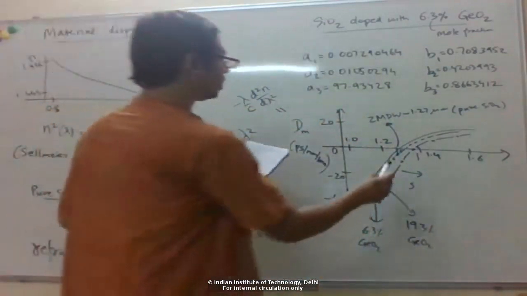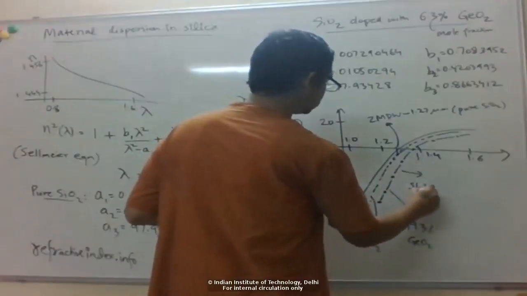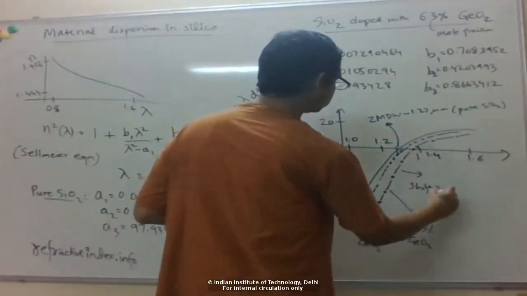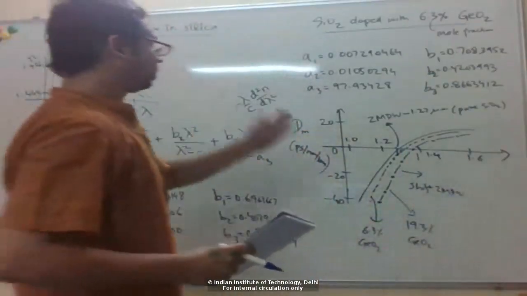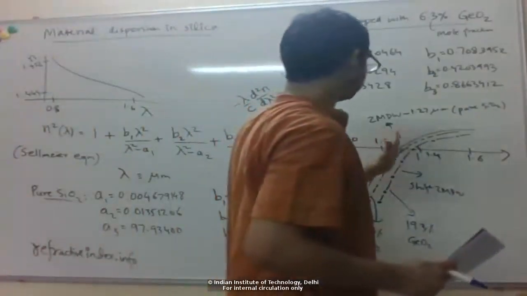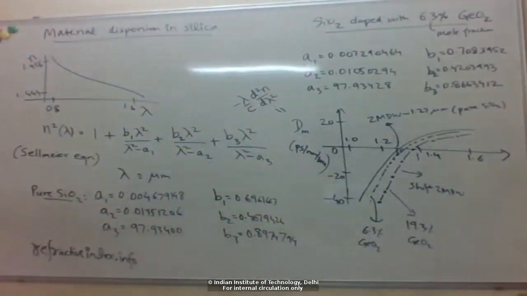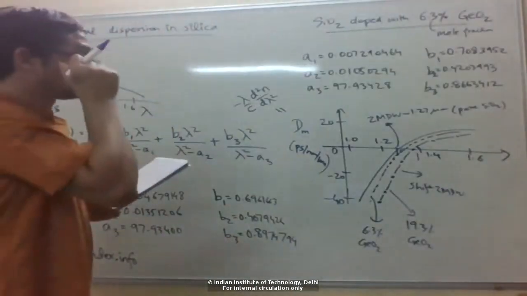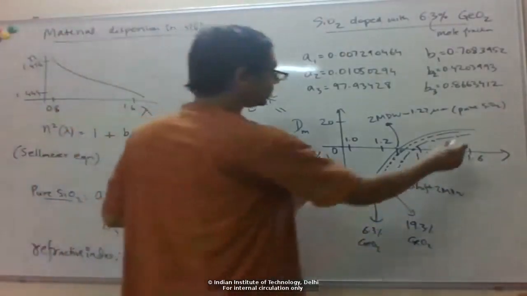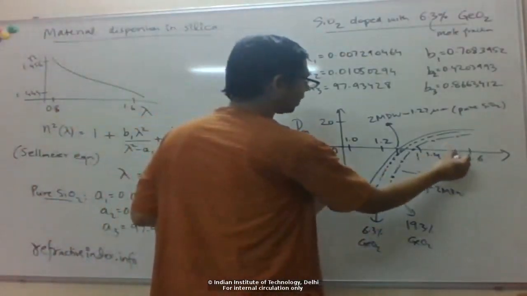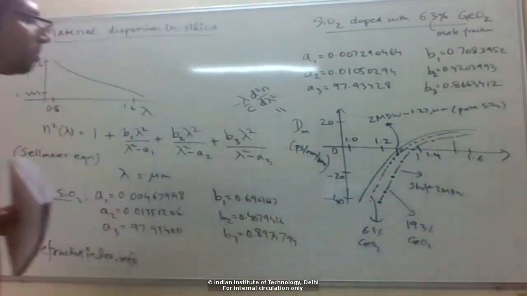So you can shift the zero dispersion wavelength here almost up to 1.4 micron. So basically you can shift the zero dispersion by tens of nanometers by doping. And that will also change the dispersion. For example, if you're working at 1.55 here, you can see that the dispersion value will change slightly with doping.